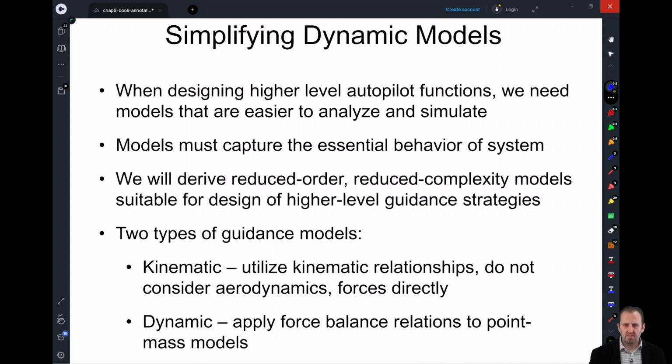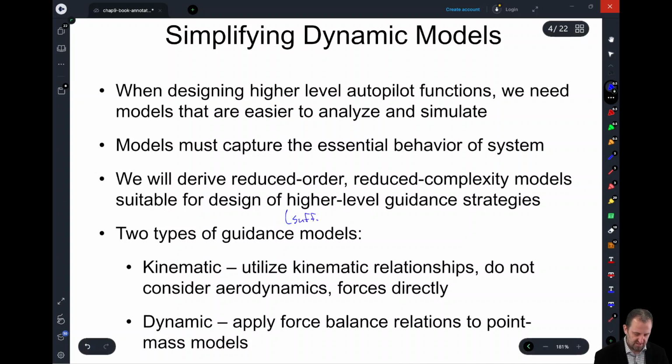Our models are going to capture the essential behavior of the system, so we need a high enough fidelity. We will derive reduced order, reduced complexity models suitable for design of higher level guidance strategy. So again, this is all talking about being sufficient for what's needed.